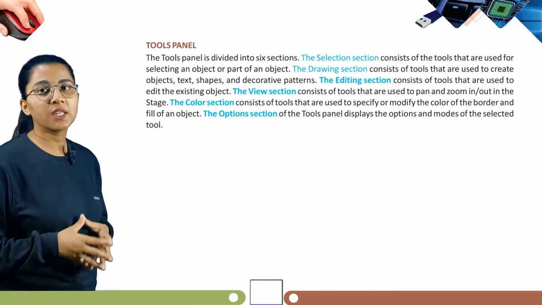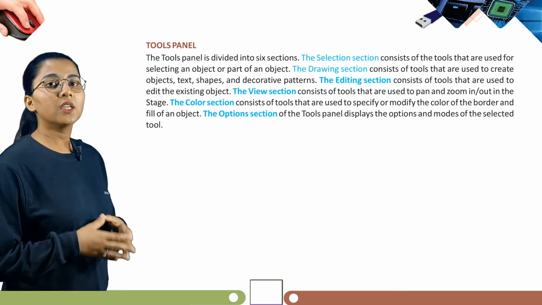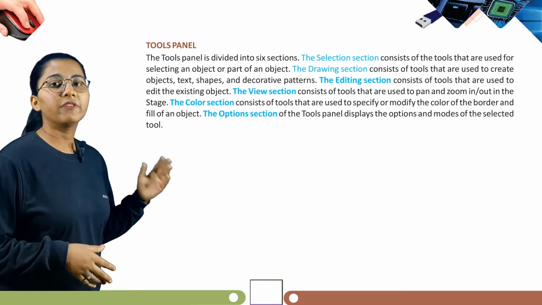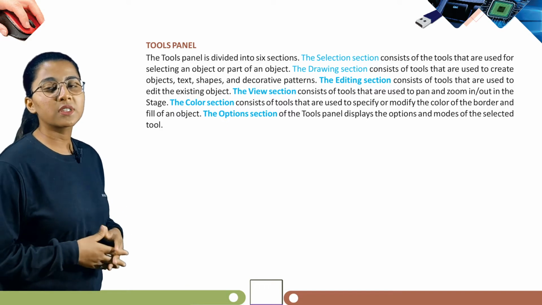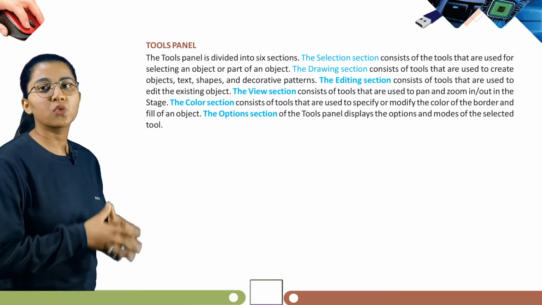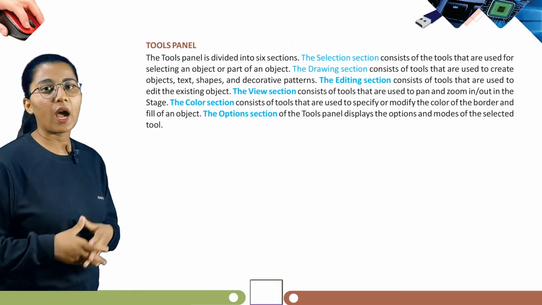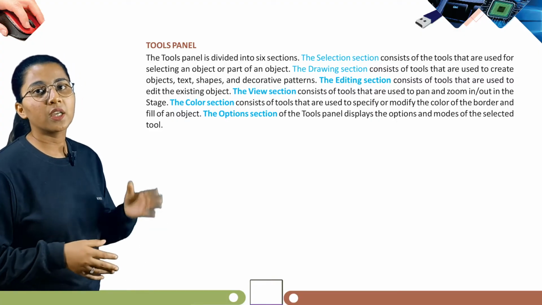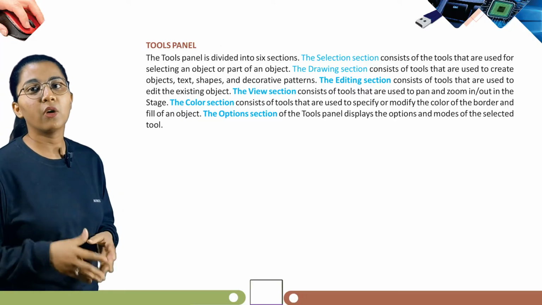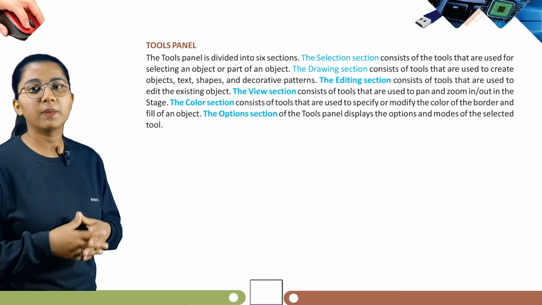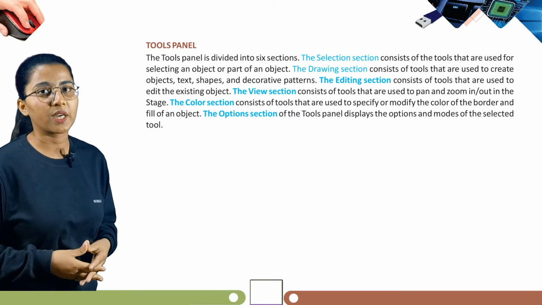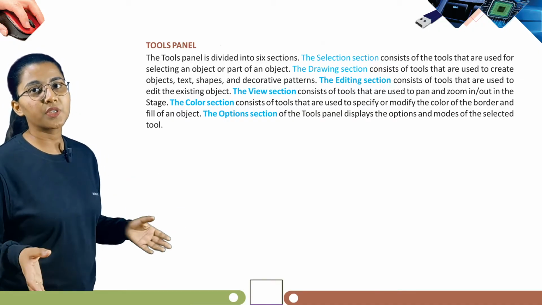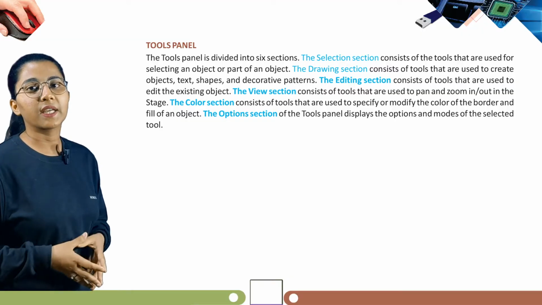The editing section consists of tools that are used to edit the existing object. The view section consists of tools that are used to pan and zoom in or out on the stage. The color section consists of tools that are used to specify or modify the color of the border and fill of an object. The options section of the tools panel displays the options and modes of the selected tool.